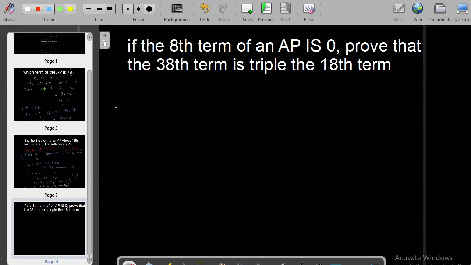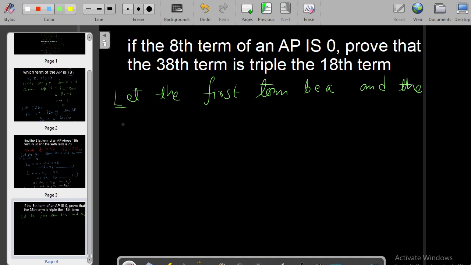So like previously, we assume the first term be A and the common difference be D. In that case, if the eighth term is 0, then T8 is 0.